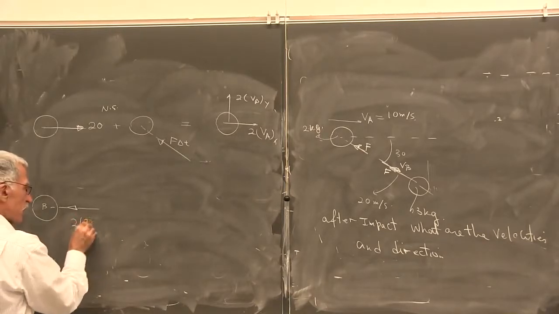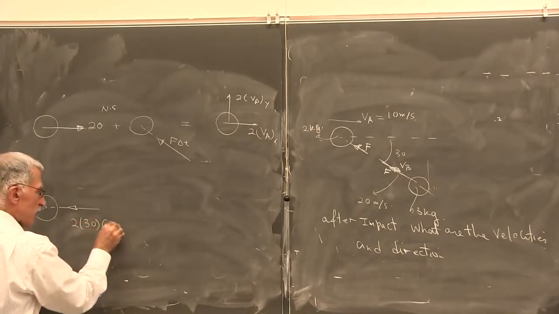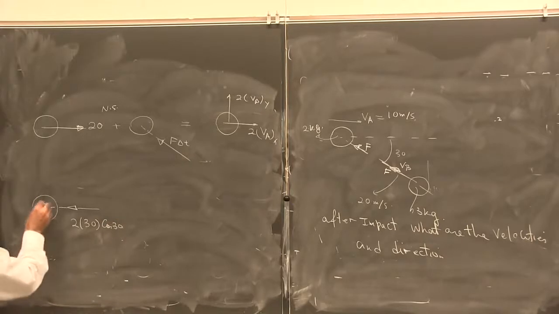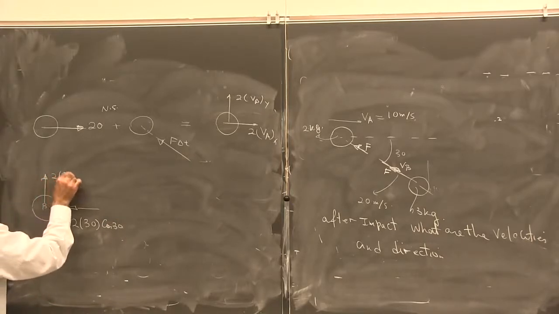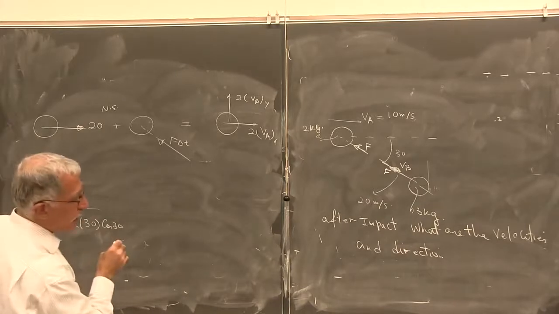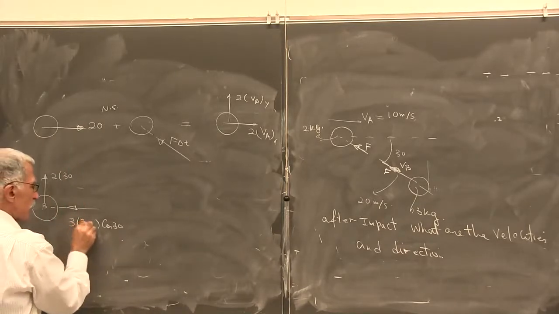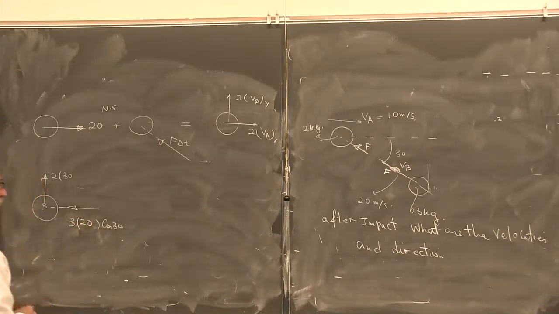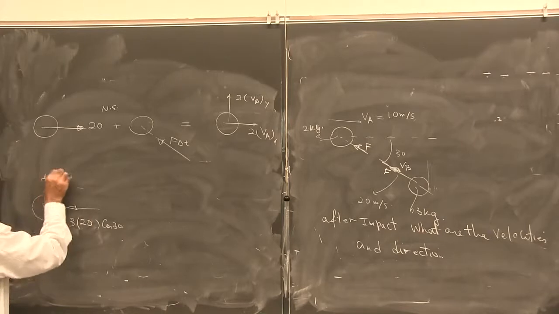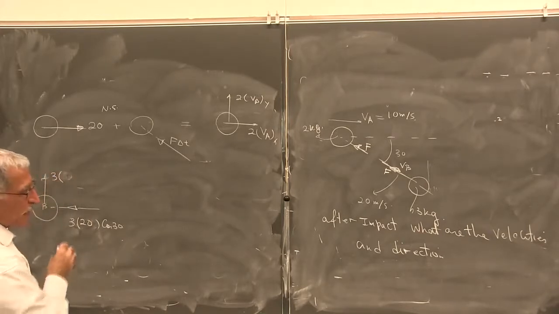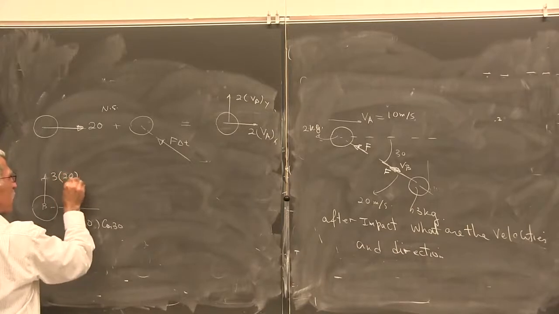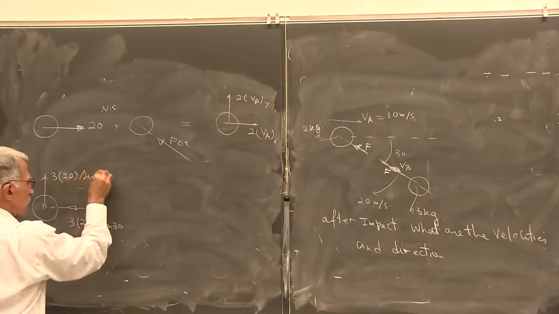Its components are 3 kilogram times 20 meters per second cosine 30, and 3 kilogram times 20 sine 30.